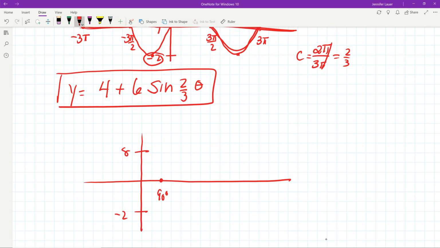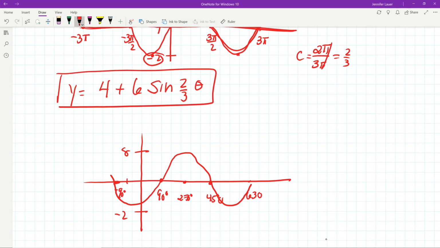I'm just drawing the problem right now. 450 degrees. 630. This is 270. So this is going to be here, this will be here, and then that's going to be -90, and so on and so forth.